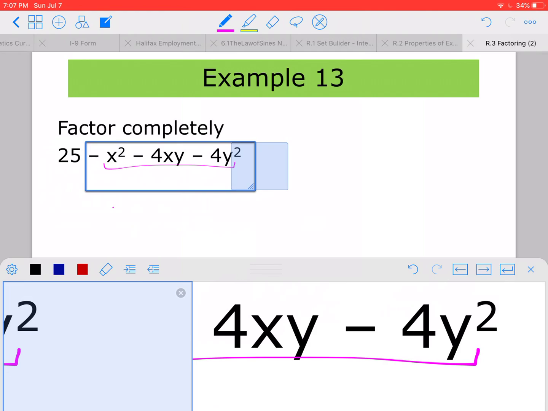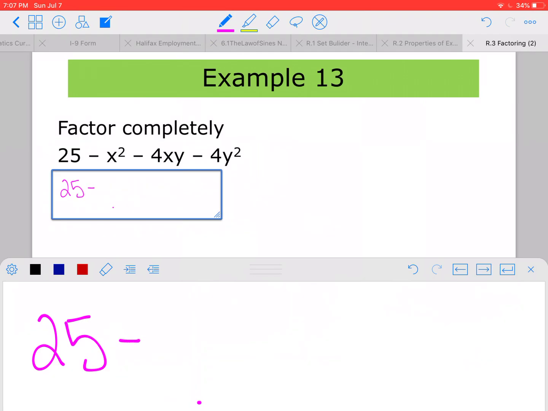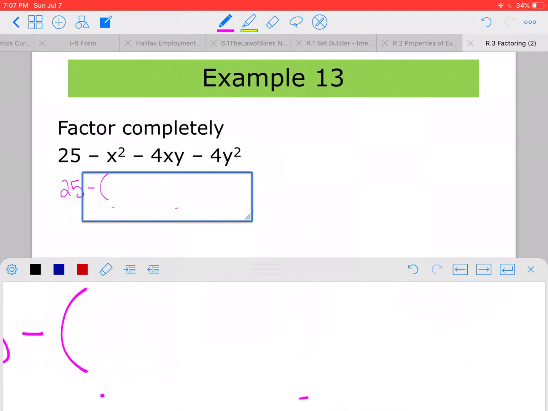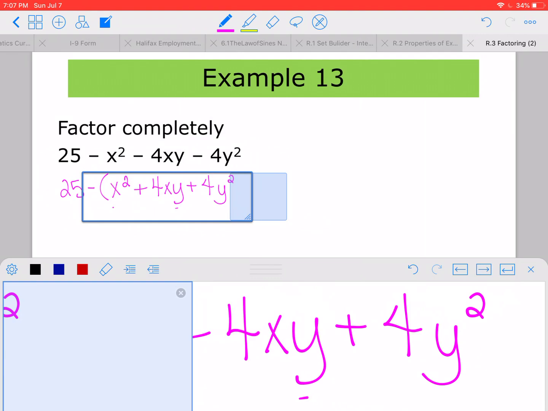So we need that to be in parentheses, and if we do that, then we're factoring out a -1. So we end up with a positive x squared there. We're factoring out a -1, so we have a positive 4xy and a positive 4y squared. Now we have a perfect square trinomial.